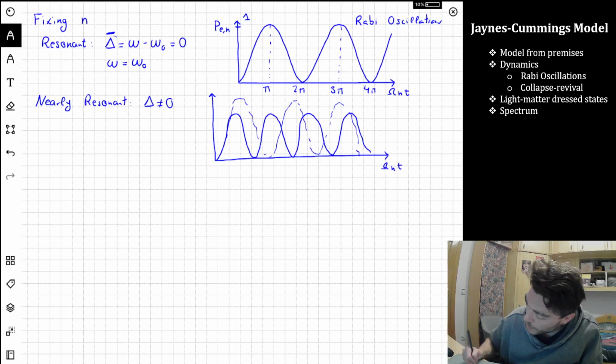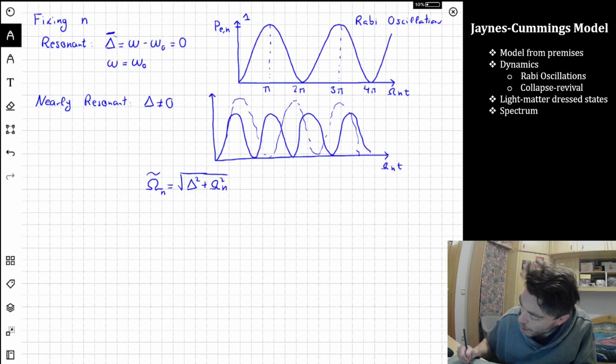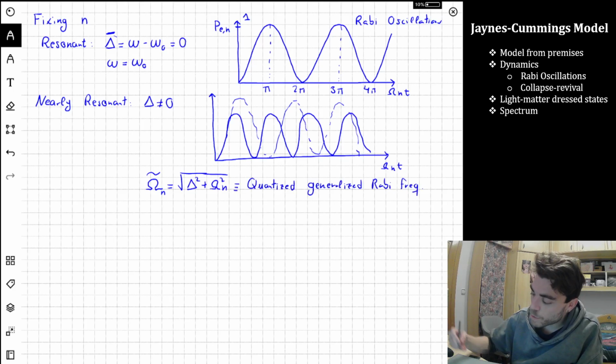In particular, the new frequency at which this oscillates is this omega tilde, that is the square root of the detuning squared plus omega n squared. This depends on n now, and this is called the quantized generalized Rabi frequency, because the Rabi frequency was omega.